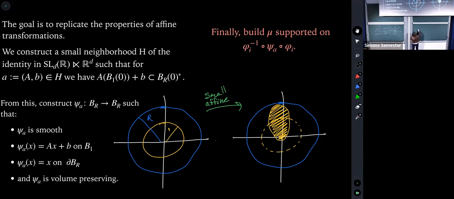Call G_i^A our maps. So this is the map on the ith chart that is doing the Ath affine transformation. And again, just a reminder that A is just a matrix and a linear transformation.